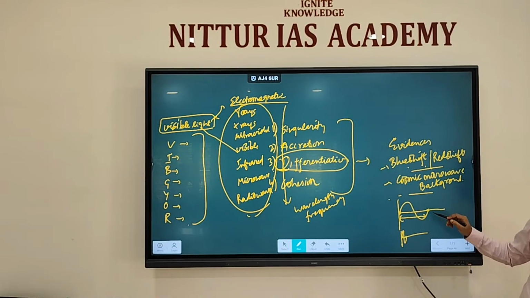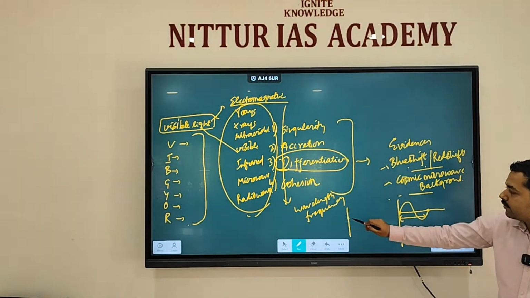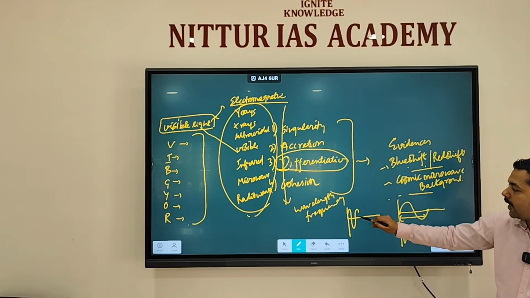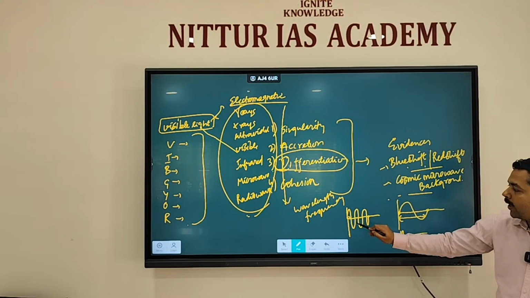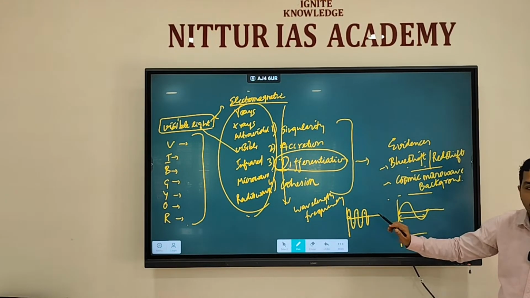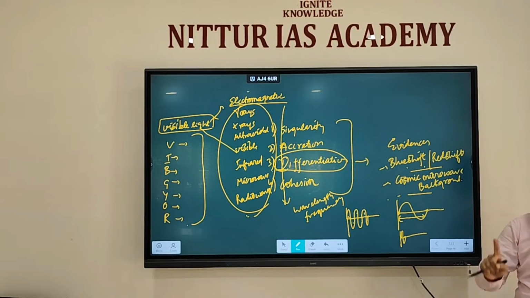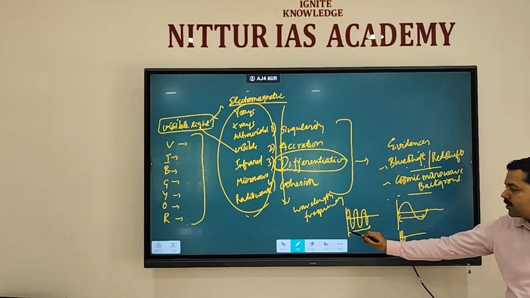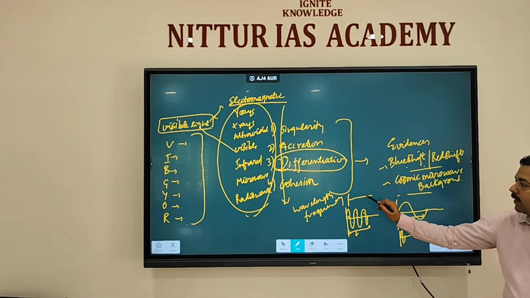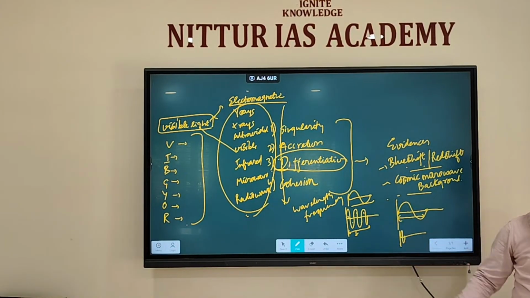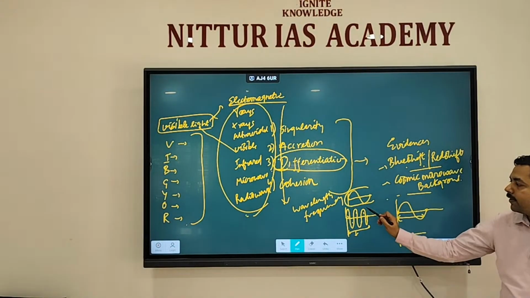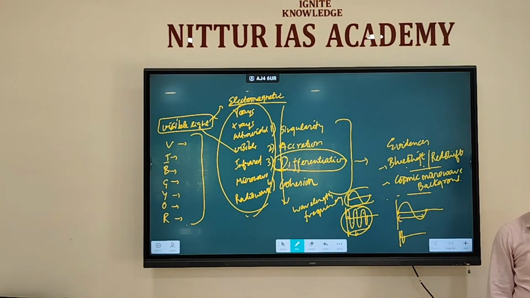Clear? Then you also talk about frequency. What is frequency? How many cycles it repeats in a particular time. Let's say within this time it covers one high, one low, one high, one low, one high, one low. So 3 cycles it is completing within this much time. Or this one covers only one cycle within this much time. Clear? If it is covering more cycles, then more frequency.